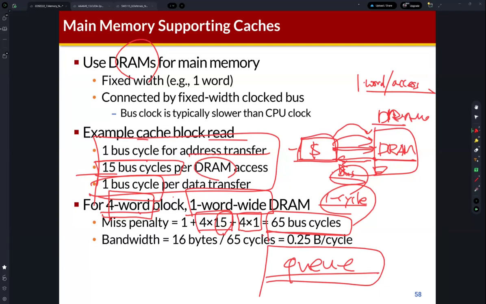It's called the queuing delay in a system. But we can just estimate the miss penalty like this. This is very simple, a theoretical calculation.